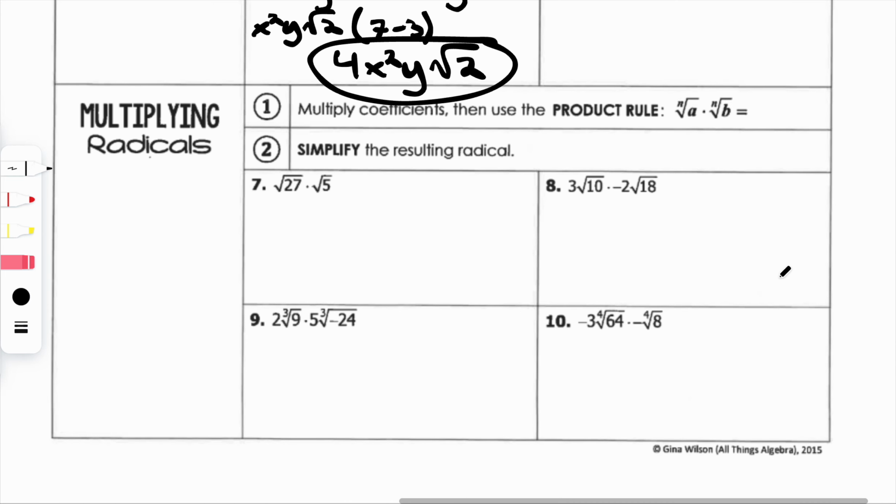radicals. When multiplying radicals, we first want to multiply the coefficients, and then we want to use the product rule. This essentially just says the nth root of a times the nth root of b is going to give us the nth root of a times b.